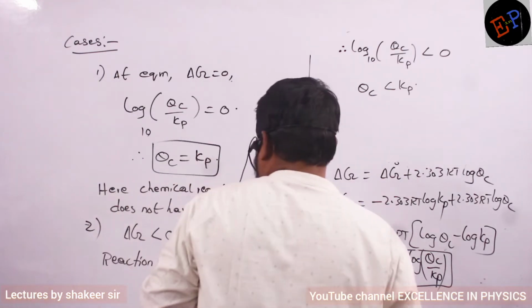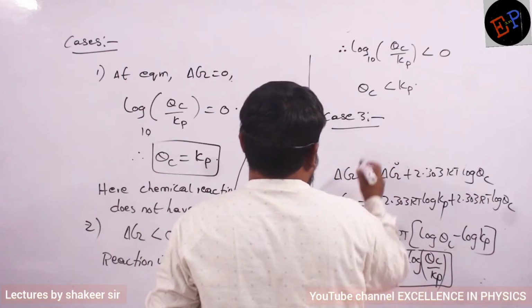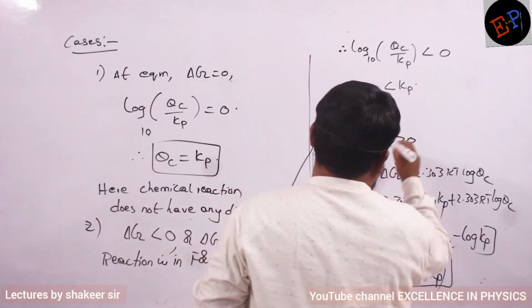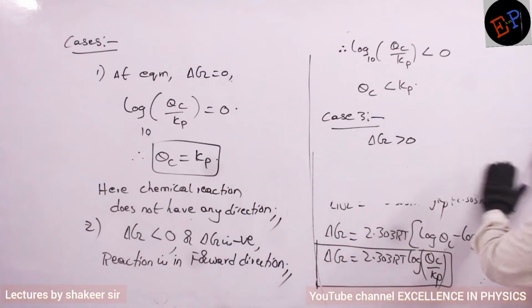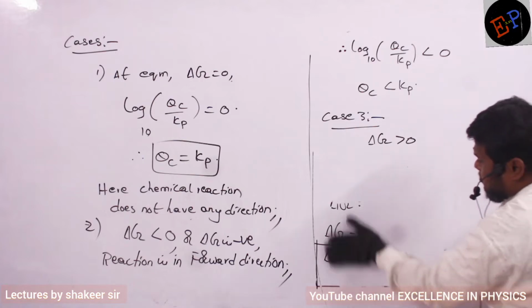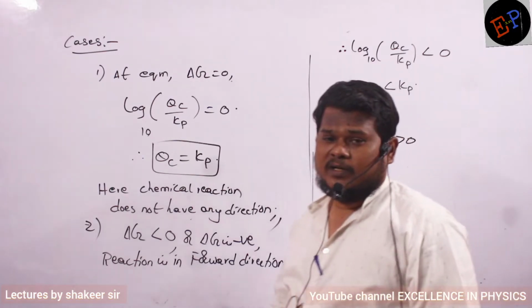Now case number 3. Can you say what case number 3 can be? Gibbs free energy is greater than 0. If Gibbs free energy is greater than 0, then log QC divided by Kp also should be greater than 0, and it is possible only when QC is greater than Kp.